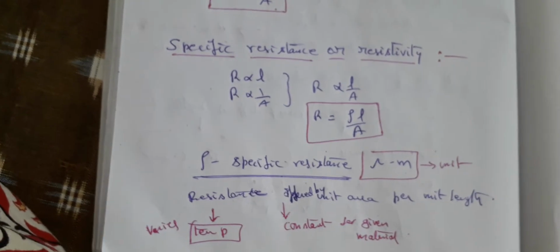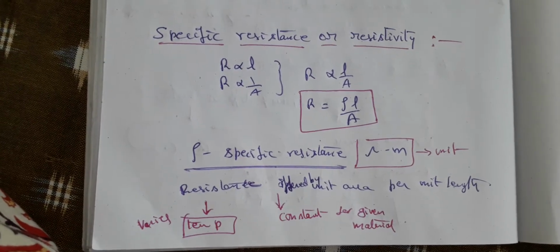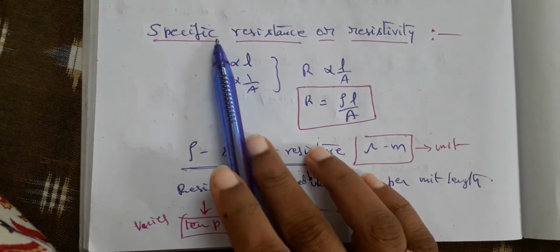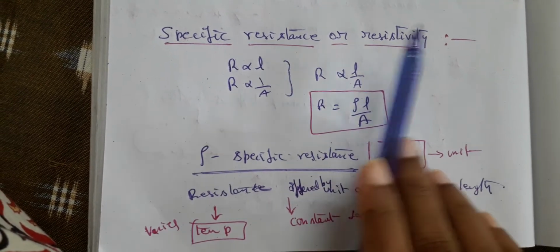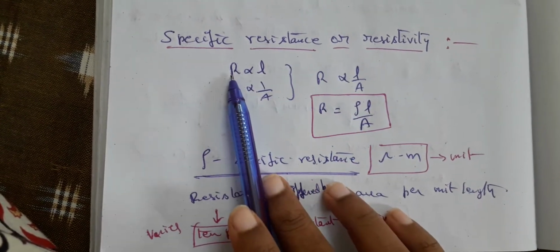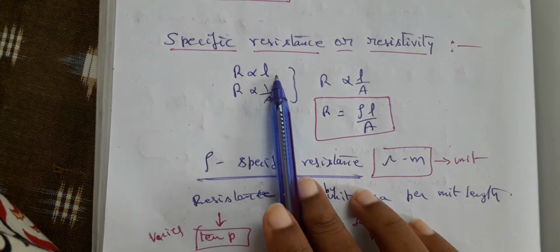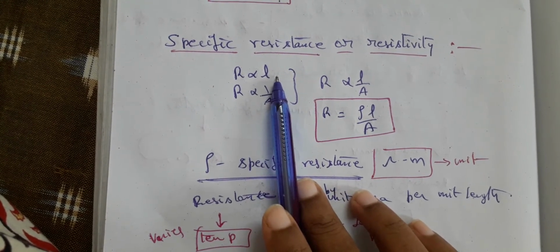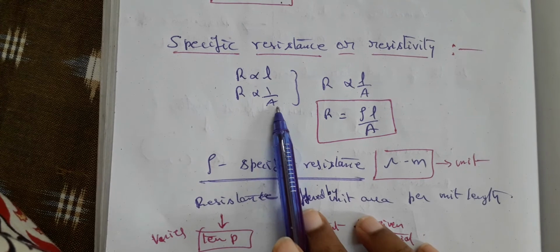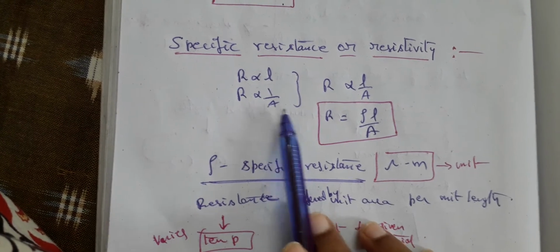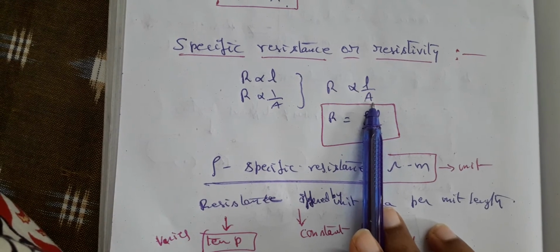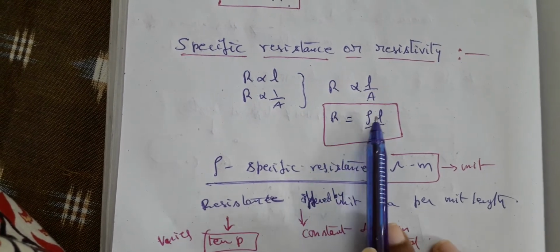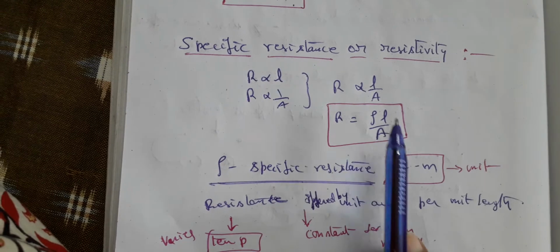Now we are going to discuss specific resistance, the same as resistivity. We can call it in any manner. We have already seen that R is directly proportional to L, and R is inversely proportional to A. That means R is directly proportional to L by A, so R is equal to rho L by A. What is rho?